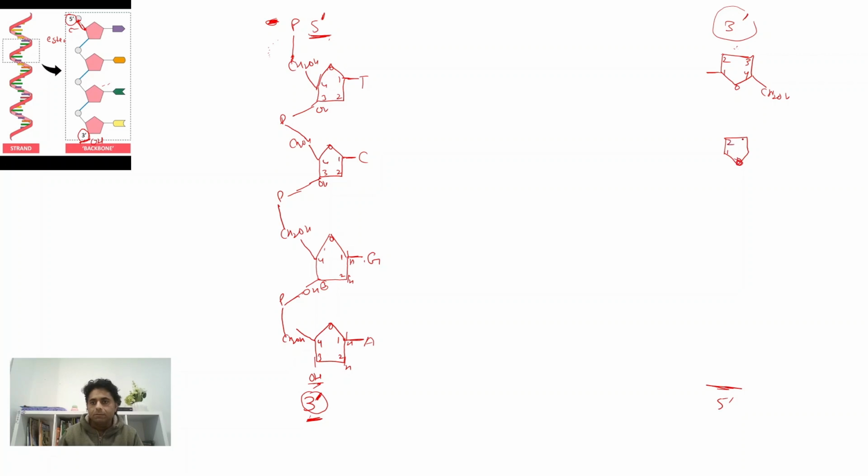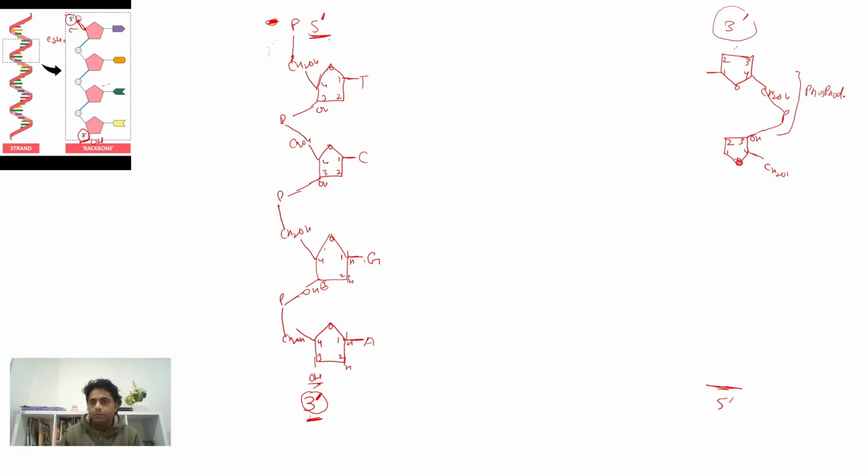First carbon, second carbon, third carbon, fourth carbon, fifth carbon is here, CH2OH. So the bond formation is from here. Okay, so this is the OH group. So the OH group makes a bond with the phosphate, and the fifth carbon bonds with the phosphate group.